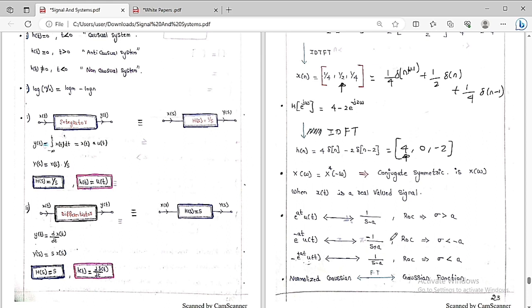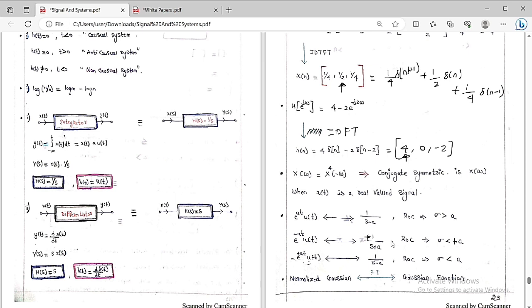There is no minus here, only plus. So 1 by s plus a, with an ROC sigma greater than minus a, I guess, since this is plus a.